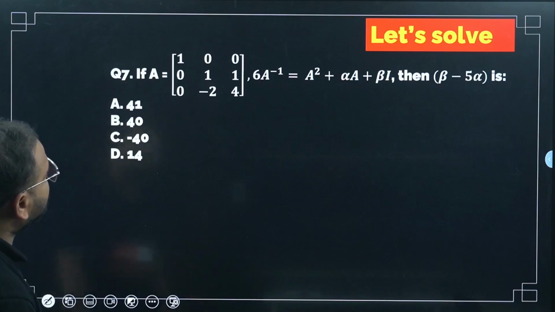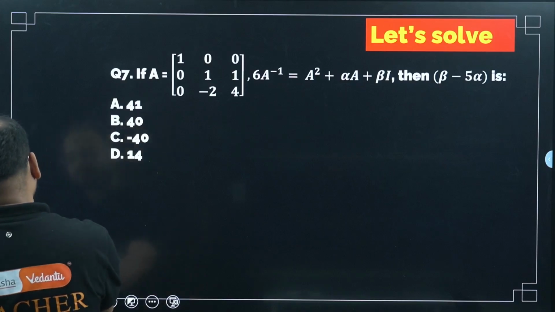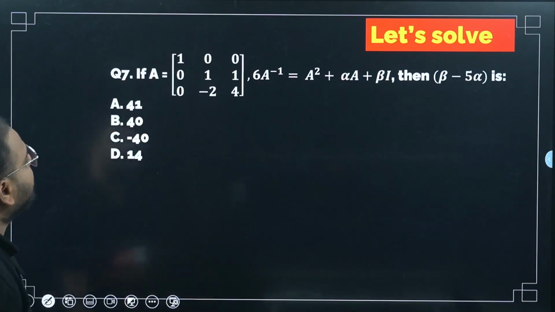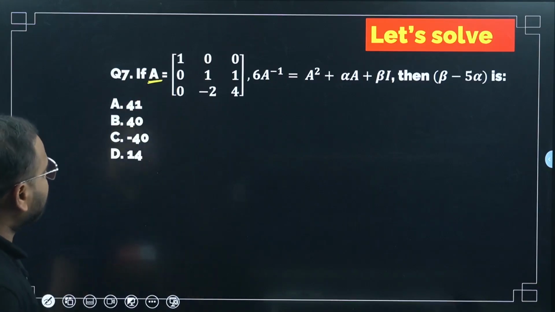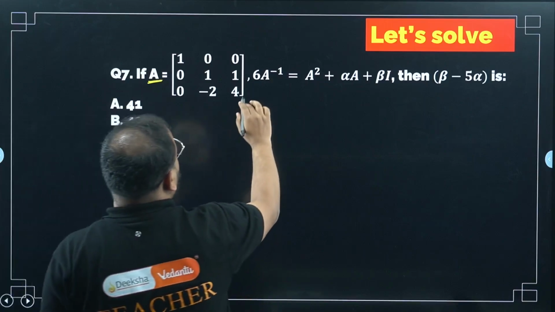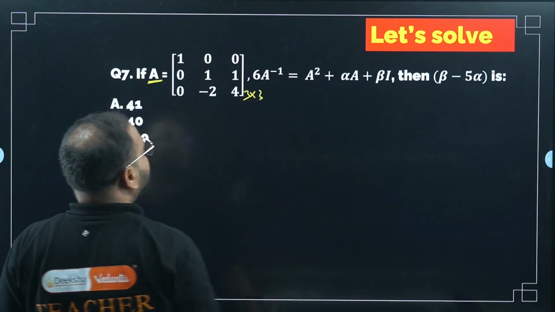This is going to be a little calculative, so bear with me. I have a matrix A given like this, again a square matrix of order 3 cross 3.